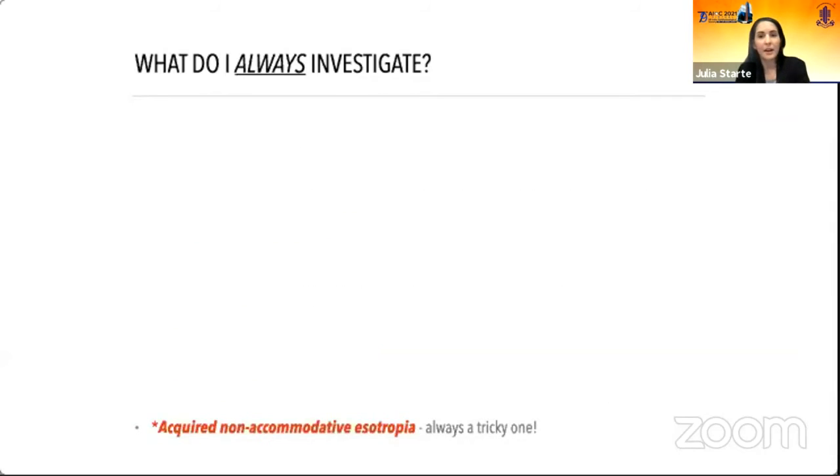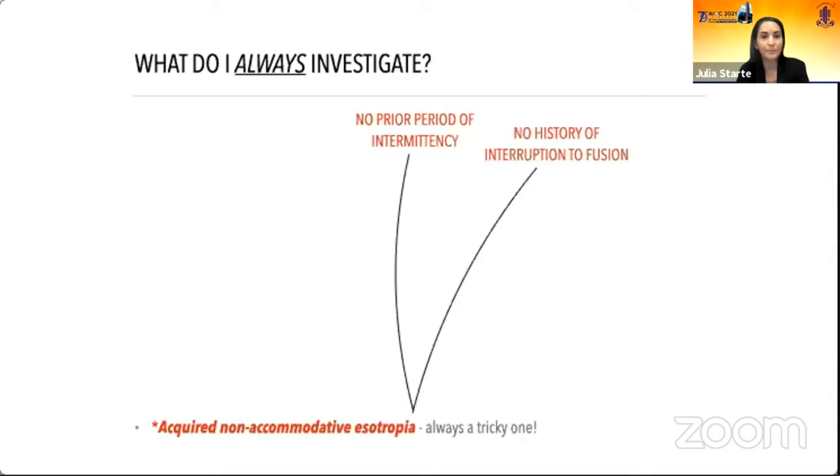And look, some of the signs to look out for, which might make you more inclined to scan a patient, are no prior period of intermittency or of an intermittent esotropia, no history of interruption to fusion. An example of that would be patching.